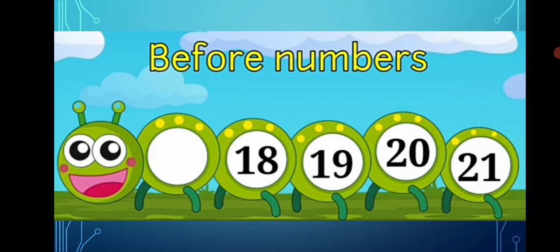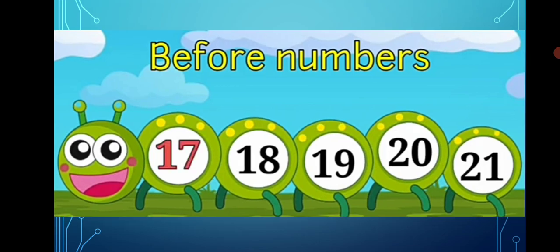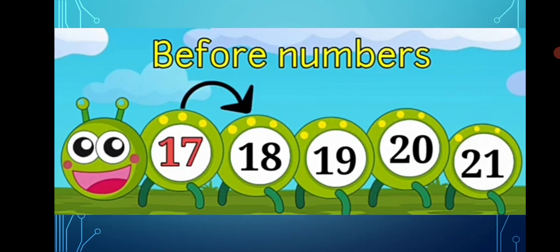Which number comes before 18? 17. Good. Number 17 is always smaller than the previous number.